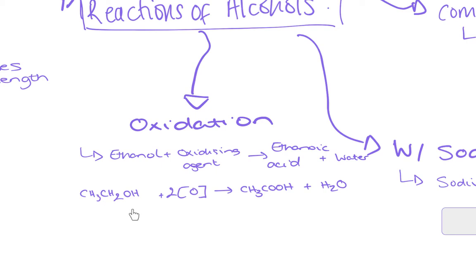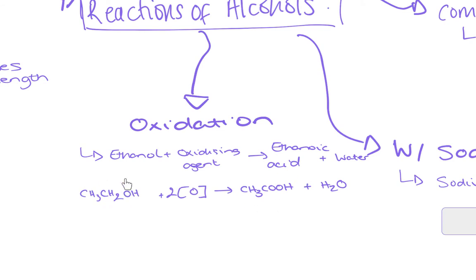Now, I have given you this formula rather than ask you to have a go at it because this here is the shorthand way of writing oxidizing agent. And the reason we write this here is because actually you can use quite a few different oxidizing agents. An oxidizing agent is something that will oxidize the thing it reacts with whilst itself being reduced. So it will oxidize the ethanol really nicely to form this carboxylic acid.